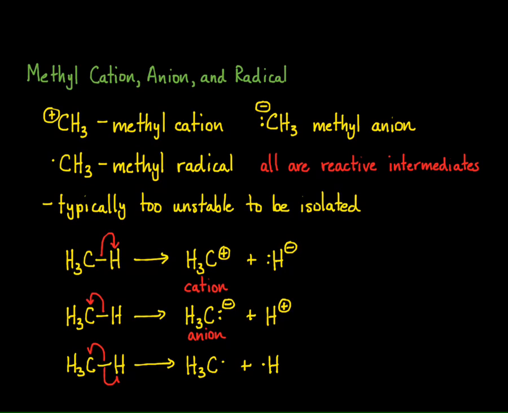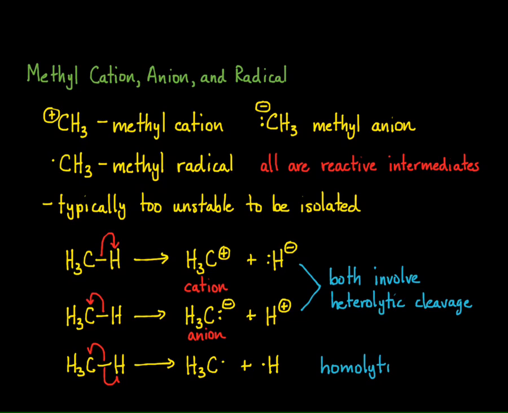Notice the first two give me charged species, the last one gives me neutral species. So the first two involve heterolytic cleavage. It's called a heterolytic cleavage because both of the electrons are going to one atom, and the other atom gets none of them. Whereas the bottom one is a homolytic cleavage.